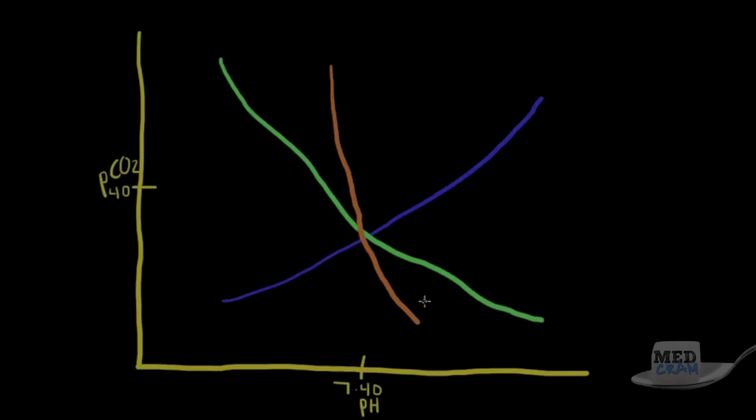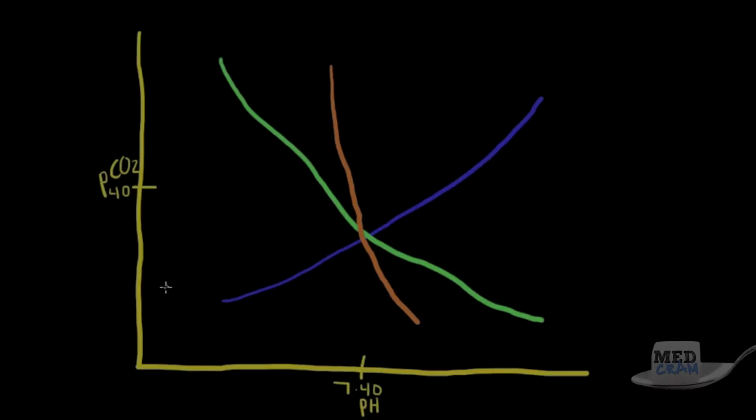Now, we already said that if we had a situation where the PCO2 and the pH were going in the same direction, that had to be a metabolic. And so let's go ahead and label these. This one here would have to be what? Well, this line would have to represent that of a metabolic process, because the PCO2, as it's going up, so is the pH.